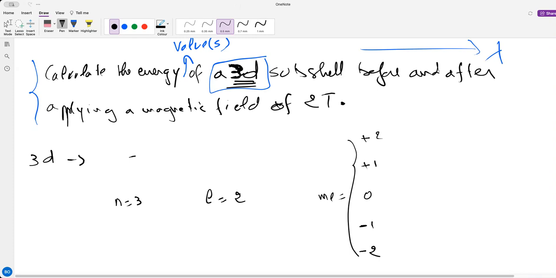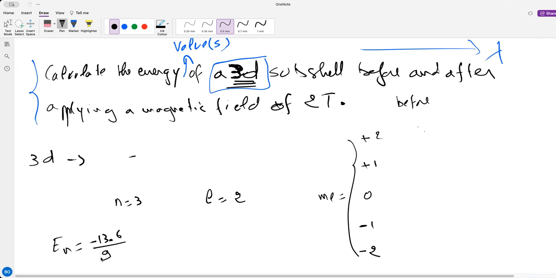Okay, so I will open the chat because there are several people. Now you can easily see that before the magnetic field, the energy is the same. En is equal to minus 13.6 divided by 9.